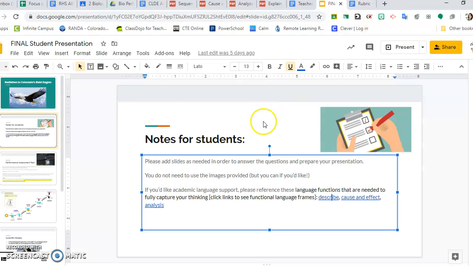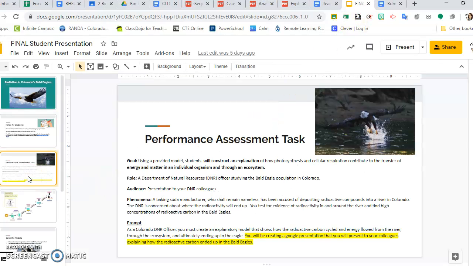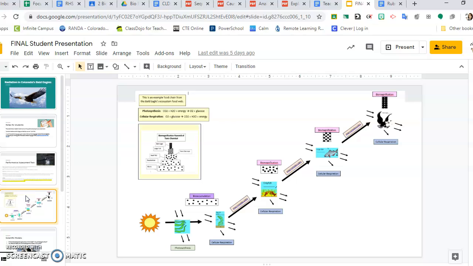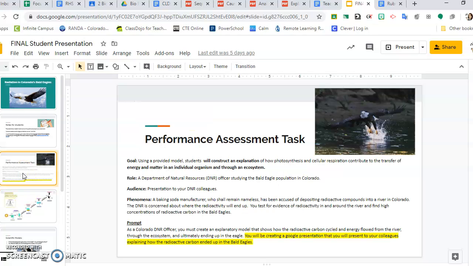Okay, so slide 3, performance assessment task. Using a provided model, this is the model right here on slide 4. Using the provided model, students will construct an explanation of how photosynthesis and cellular respiration contribute to the transfer of energy and matter in an individual organism and through the ecosystem.